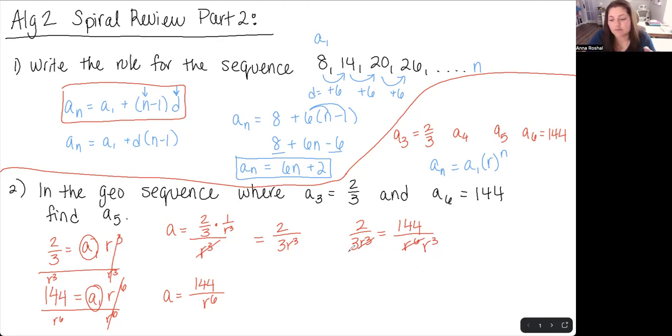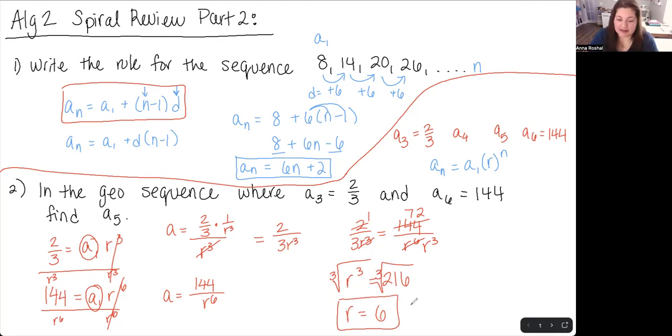If that doesn't make you feel comfortable, just go ahead and cross multiply, and you'll see eventually you're going to cancel them out. I also know that I can simplify here, divide by 2, and end up with 72. So realistically, I'm going to have r to the 3rd equals 216. I'm then going to find the cube root of both sides: the cube root of r to the 3rd is r, and the cube root of 216 is 6. And now I found my rate.